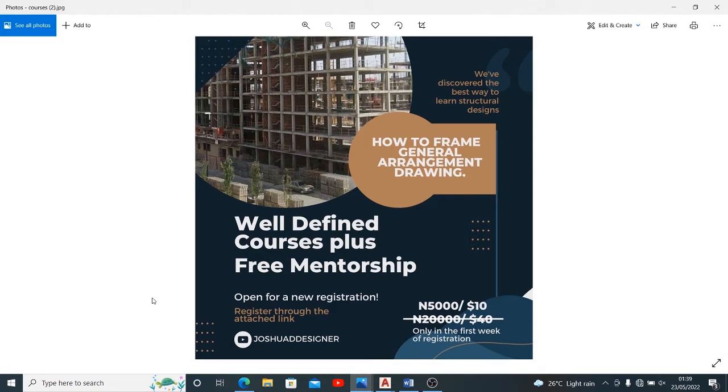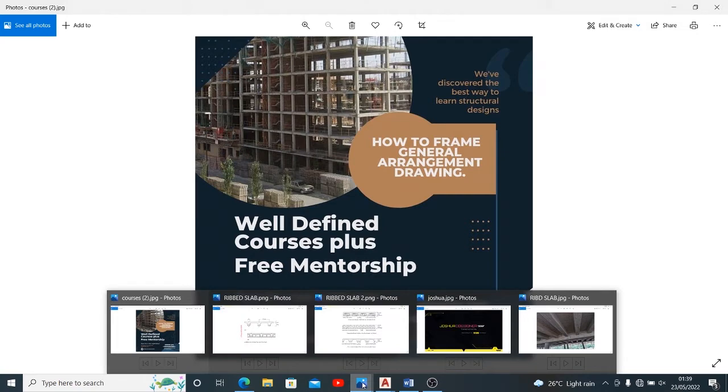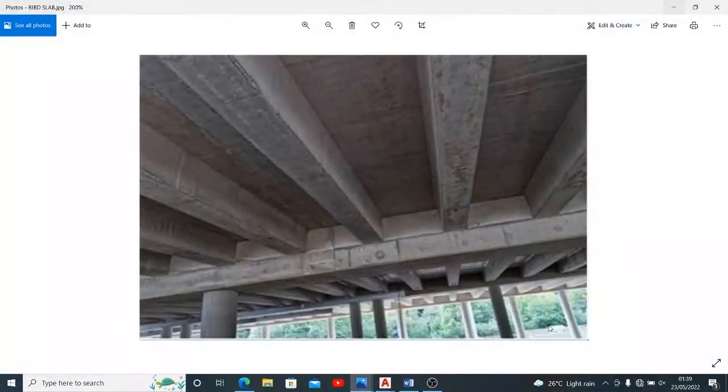Right now, I'd like to move into our training for today, our video for today. And like I said, I'll be showing you a lot about rib slab in just one video, so pay attention while we go along. Right now, before my screen, you can see a rib slab. This is what we know as a rib slab.